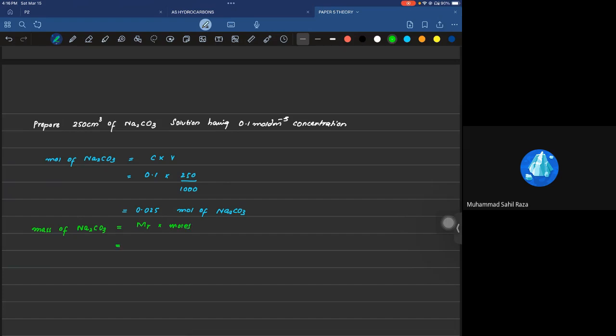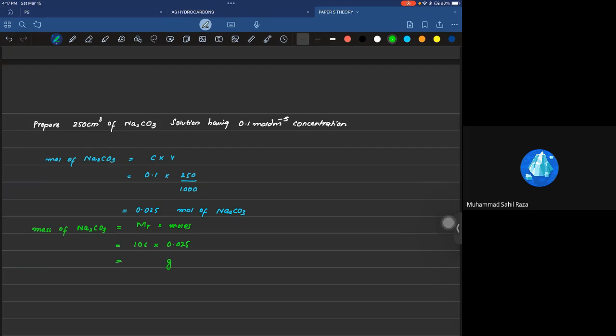What is the molecular mass of sodium carbonate? 106. 106 multiplied by the moles, that was 0.025, would give you the grams of sodium carbonate.